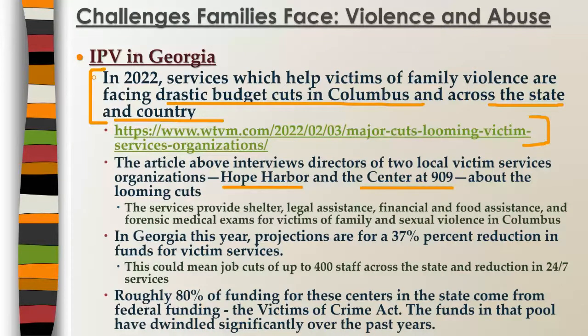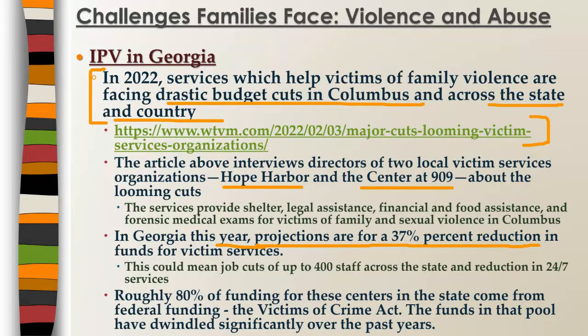These 2 services provide shelter, legal assistance, financial and food assistance, forensic medical exams for victims of family and sexual violence in Columbus. In Georgia this year, projections are for a 37% reduction in funds for victim services. This is referring to 2022, in case you're watching this in a future year. And that could mean job cuts of up to 400 staff across the state and a reduction in 24/7 services.